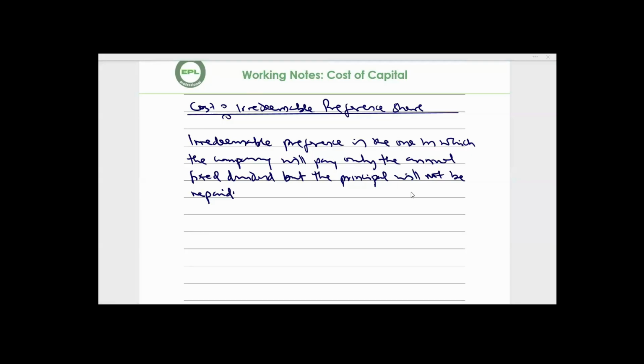In the event of liquidation, this is how it works. When the company liquidates, the company will be owing some creditors. Part of the creditors are preference shareholders and debt holders. First, you need to realize the assets. All the assets of the company will be sold. Whatever proceeds therefrom will be used to settle the liabilities.